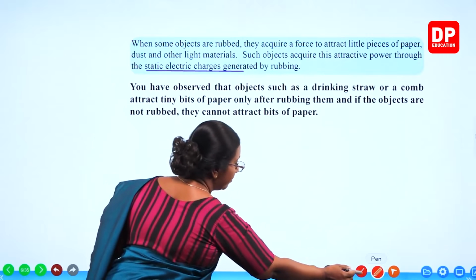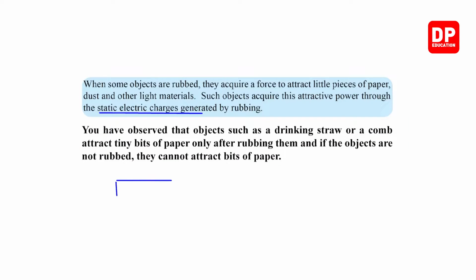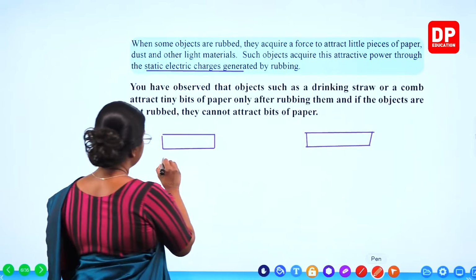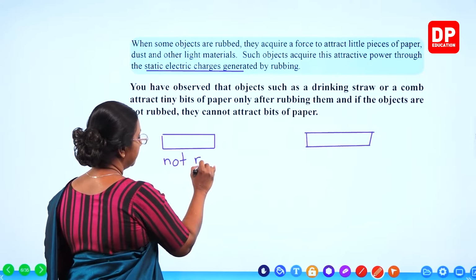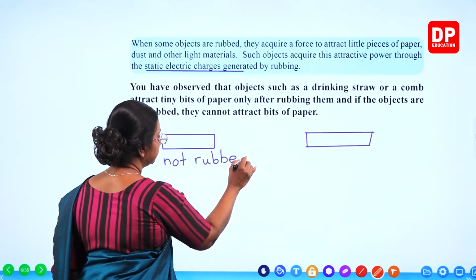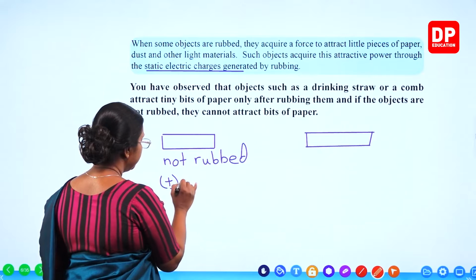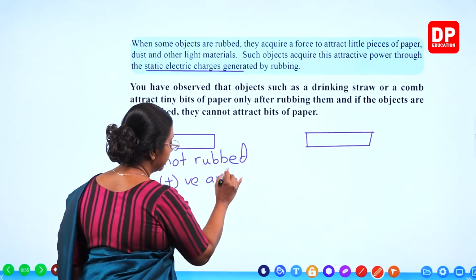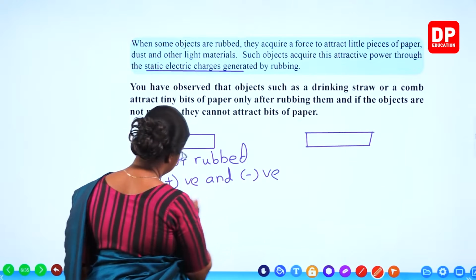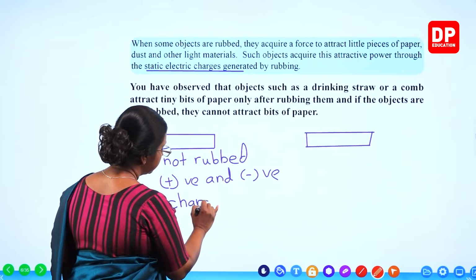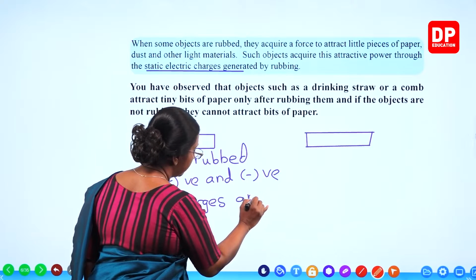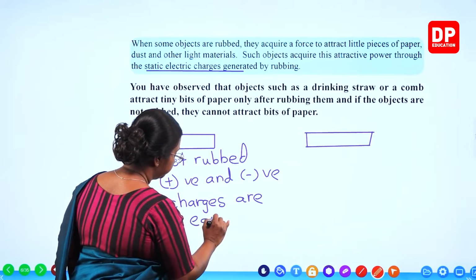Now, when you have a normal object and we have another one of the same object, not rubbed, positive and negative charges are equal.